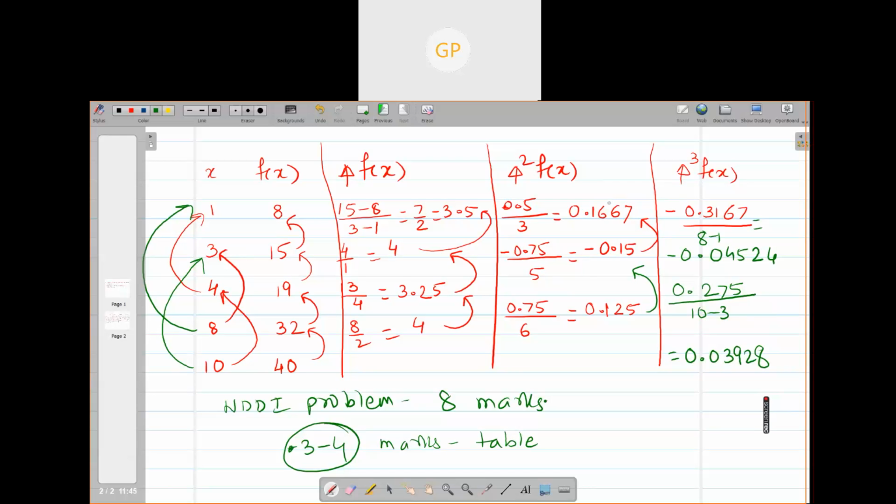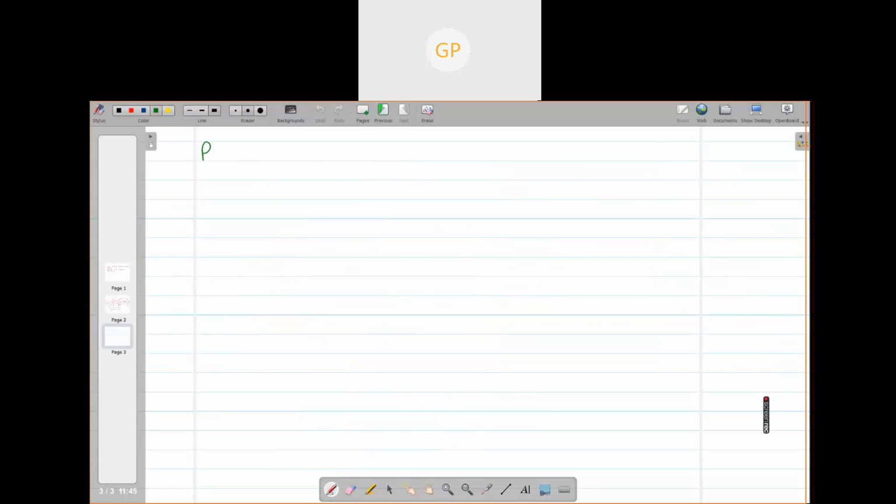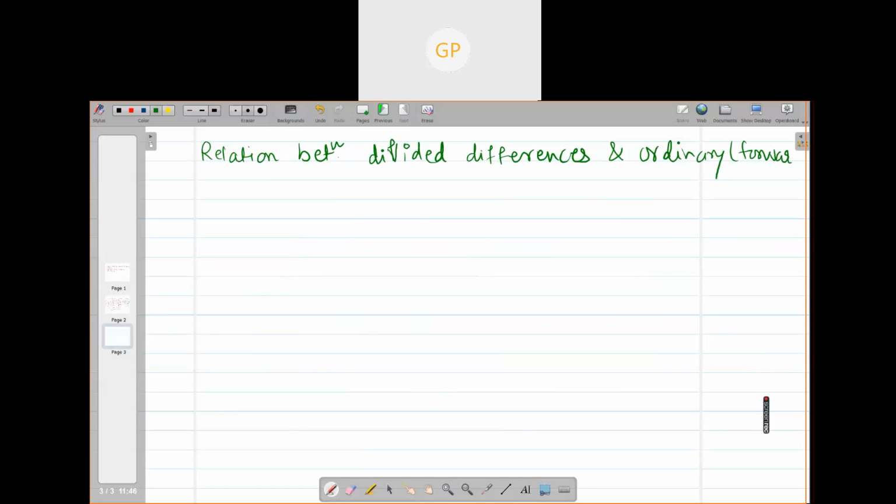So now let us see the properties. First we will see the relation between divided differences and ordinary differences. Ordinary means we are going to consider forward differences.